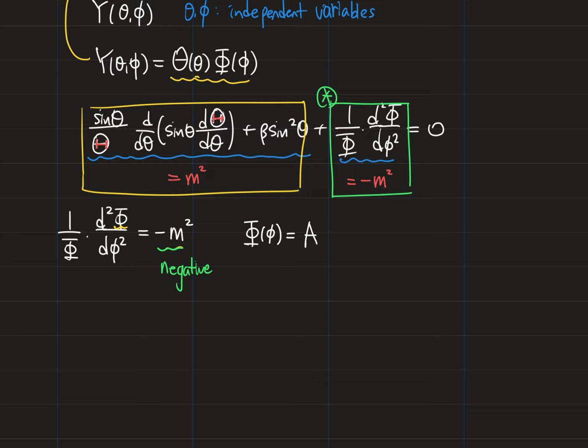So the first possibility is the normalization constant A_m multiplied by exponential i m phi. And the second possibility is A_minus m exponential minus i m phi.